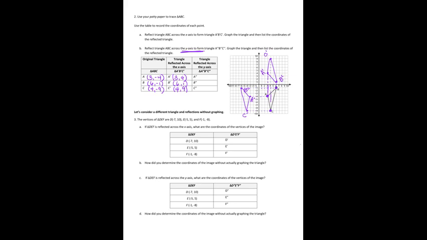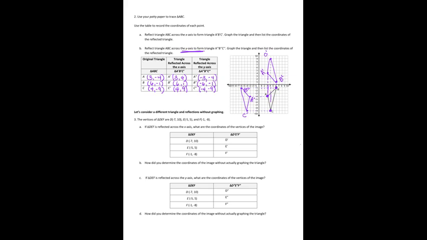And if we look at our ordered pairs, A double prime is at x is -3, y is -4. B double prime is at x is -6, y is -1. And C double prime is at x is -4, and y is -9.